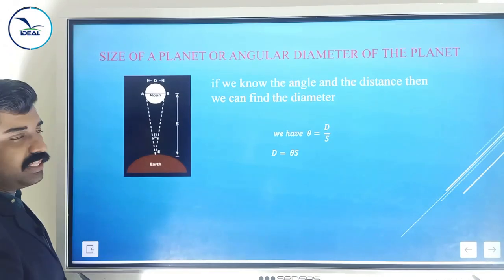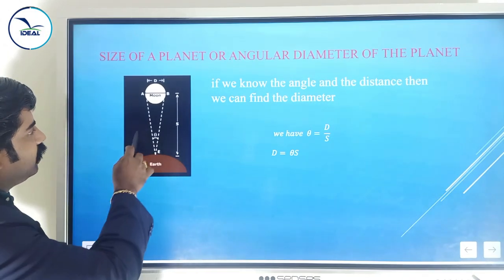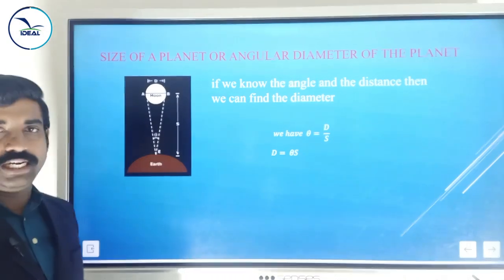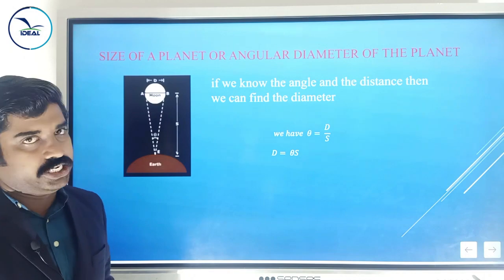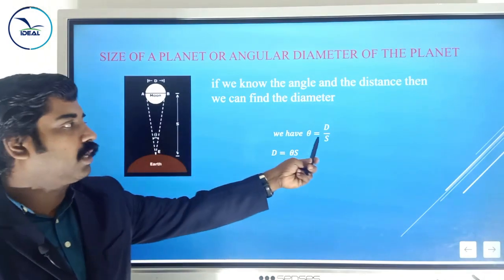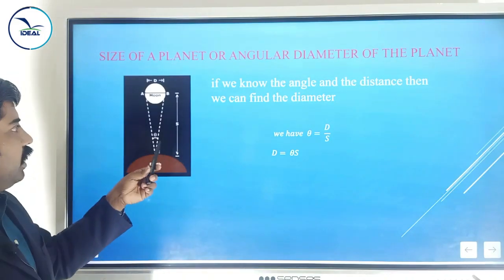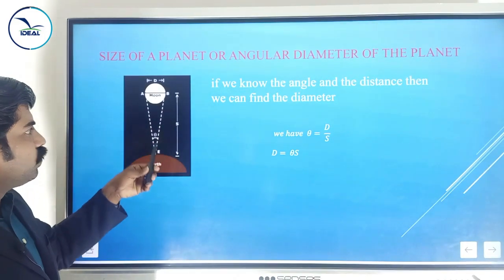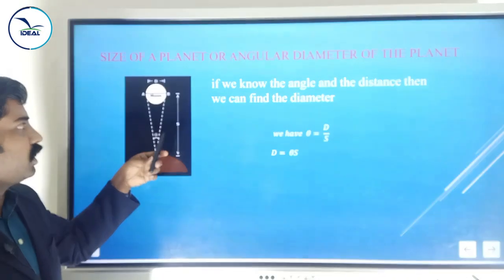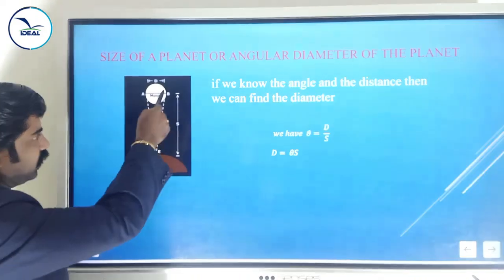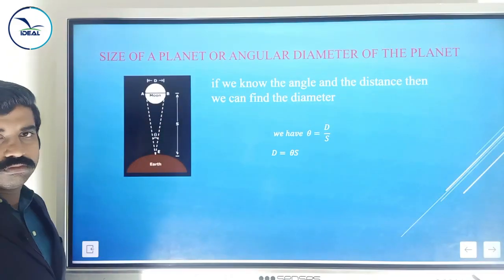So by observing that we can find the relation, that is theta is equal to D by S, that is the arc radius relation, means the plane angle is equal to arc by radius. This radius is observed as this one, that is the distance, it is taken to be S, this is the radius.